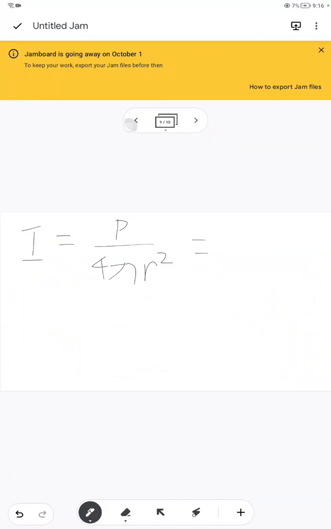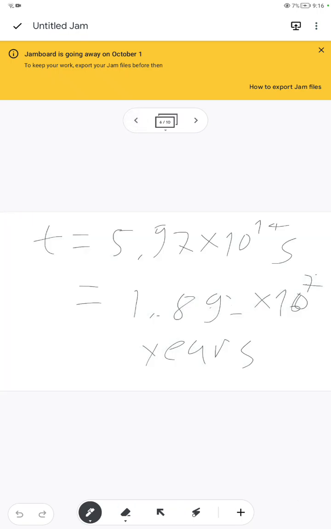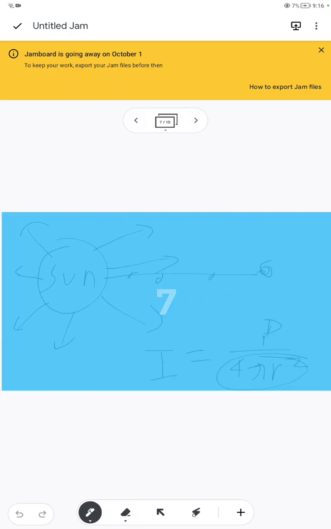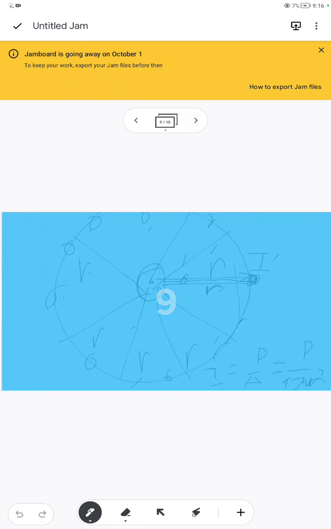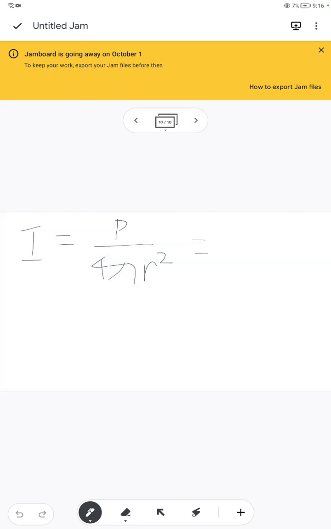So we know what P is. P is 3.85 times 10 to the power 26, divided by 4 pi R squared.